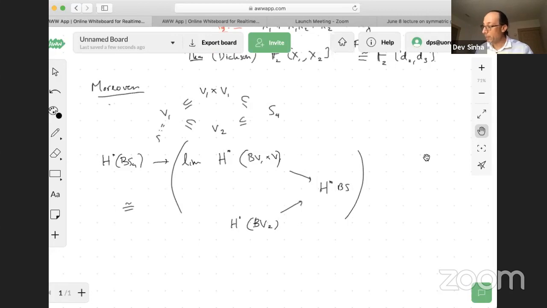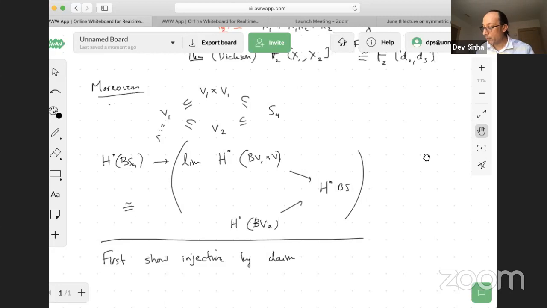So, the promised proof. We'll first show it is injective, that is the claim, and then we'll produce the cohomology to show isomorphism.